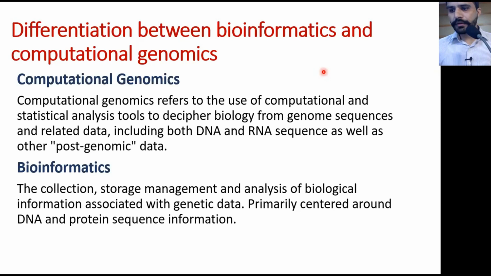Bioinformatics is the collection, storage, and analysis of biological information that is particularly associated with DNA, RNA, and protein sequence. So computational genomics is a part of bioinformatics that deals just with the analysis of genetic data, that is DNA, RNA, and protein, while bioinformatics also includes some methods of collection and storage as well.